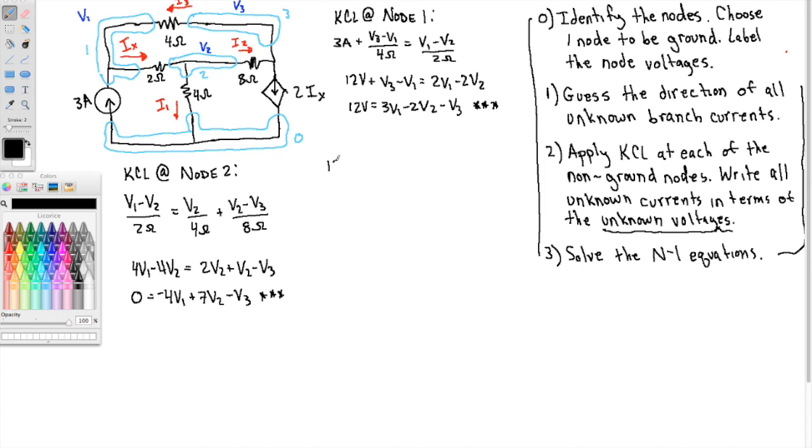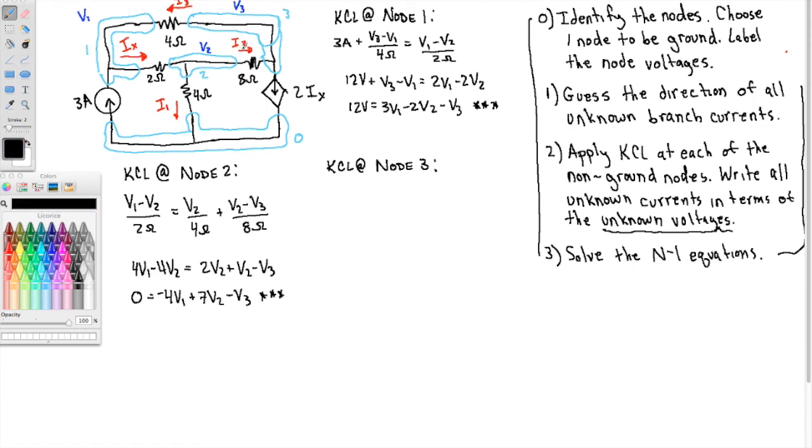And finally, let's do KCL at node 3. And here's the interesting one here, because we have our constant current source, right? So entering node 3, and actually I should have circled all of this stuff. This is all node 3.